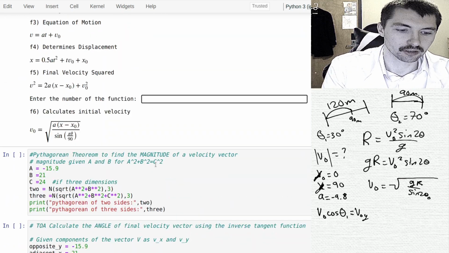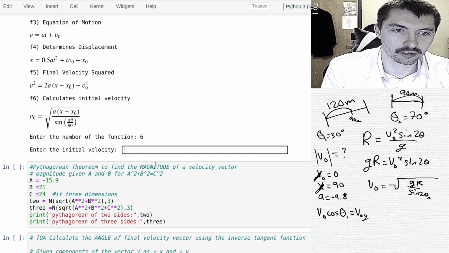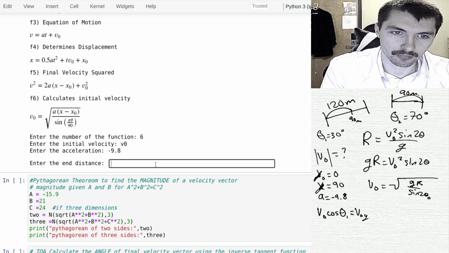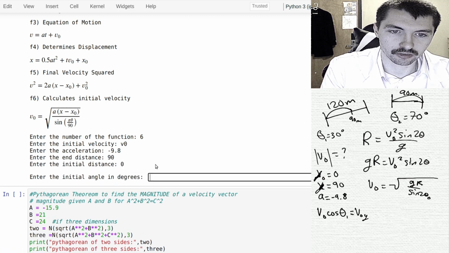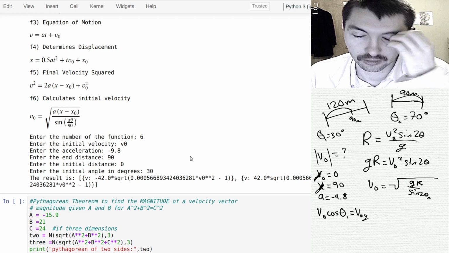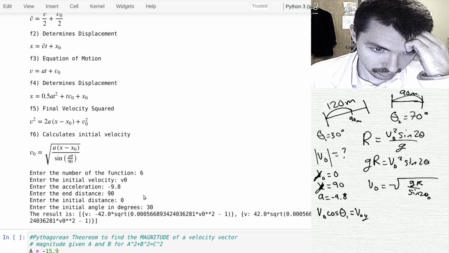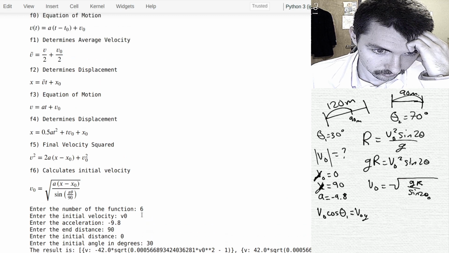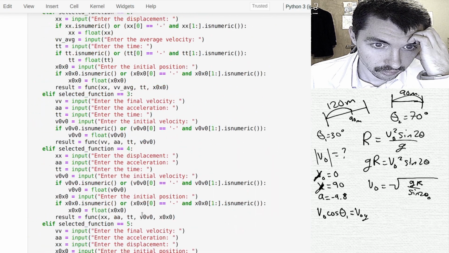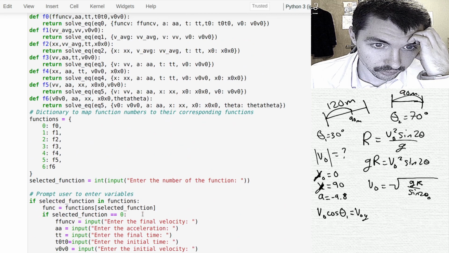Okay. 6, initial velocity is V naught. Negative 9.8, 90, 0, 30. Okay, getting a complex, not a complex number. Just have to make sure everything's in the right order.